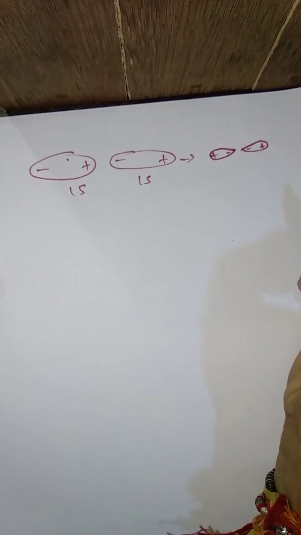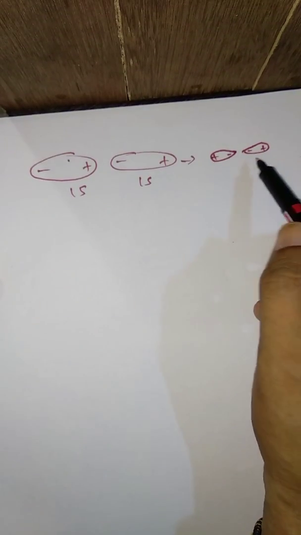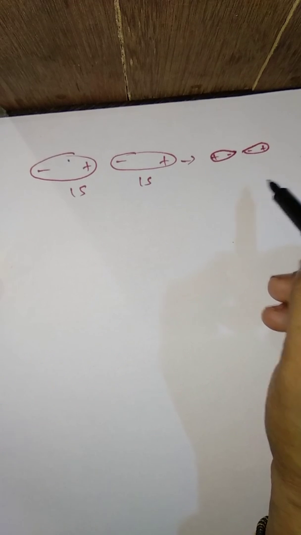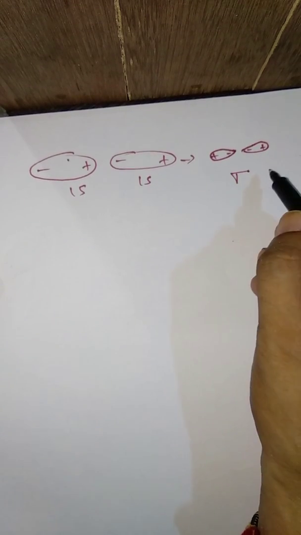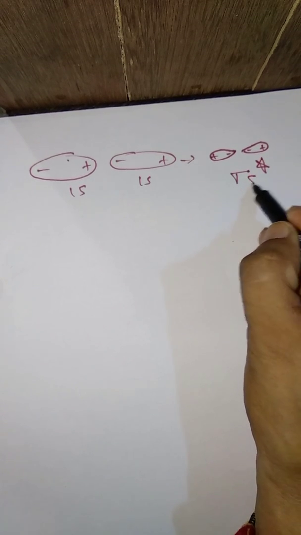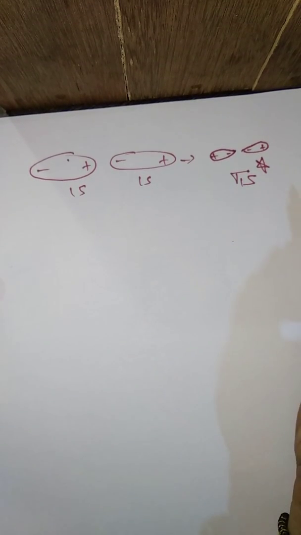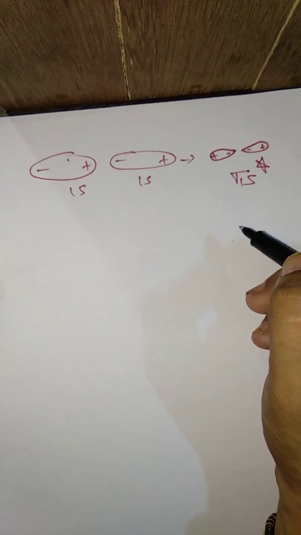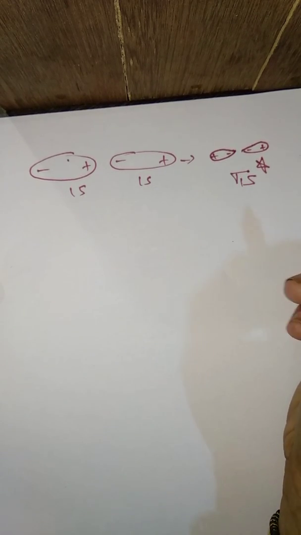It means their tendency toward the center will be less, and that is our anti-bonding. And as we know, the anti-bonding has higher energy, there will be a lesser chance toward the nucleus, and this will weaken our molecular orbital.